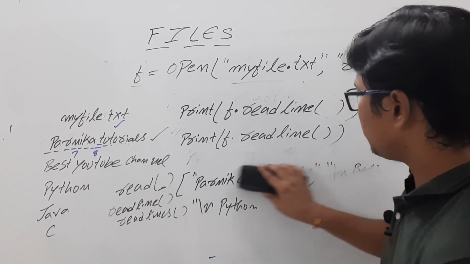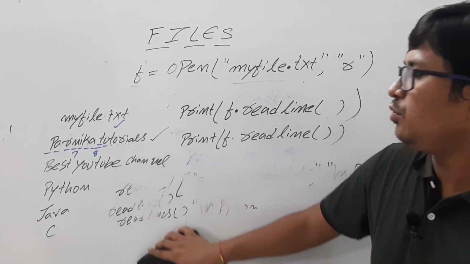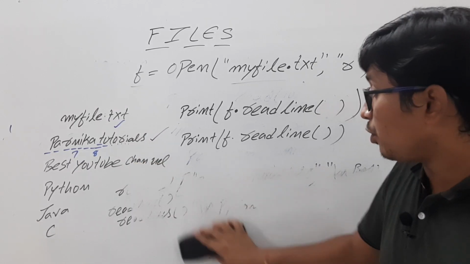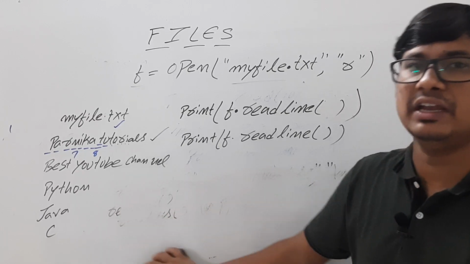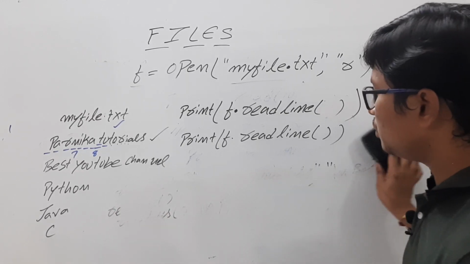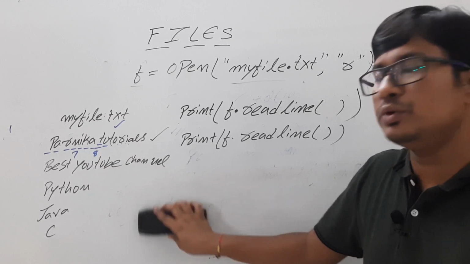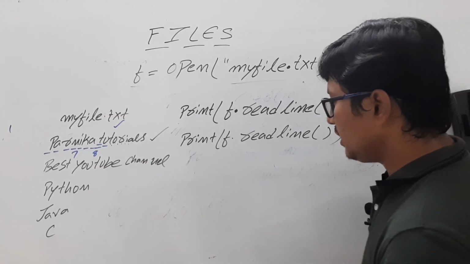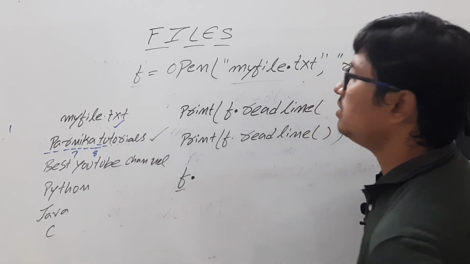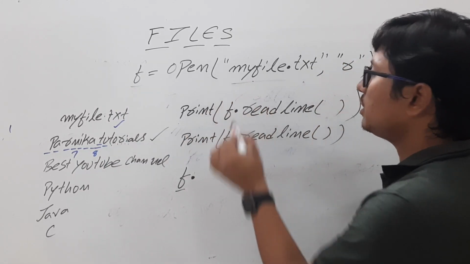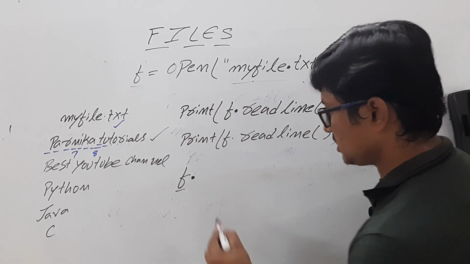Sir, once I perform the read operation, I want to close the file. It is the programmer's duty. Once you have opened the file and done whatever operations you want, it is your duty to close the file. So how can you close the file? f dot, where f is the file object which is pointing to the file called myfile.txt.